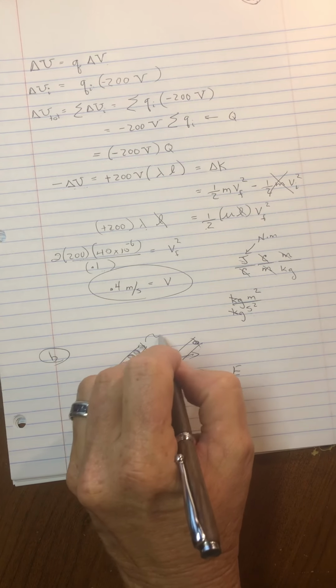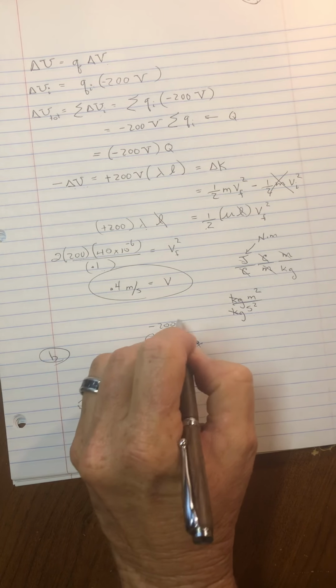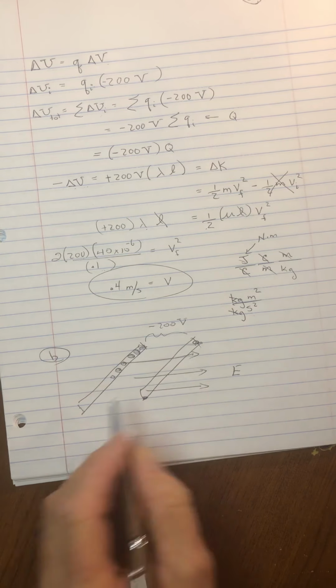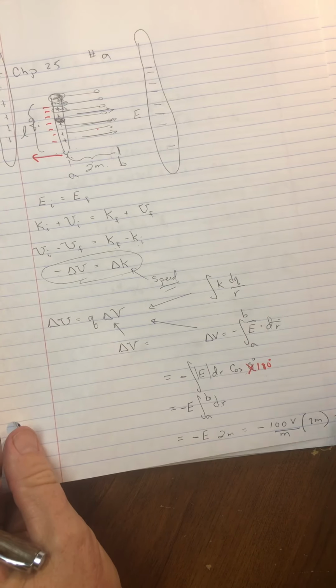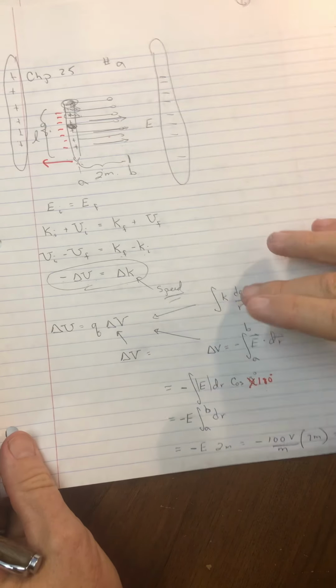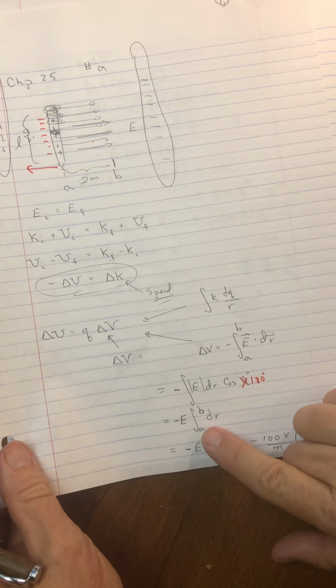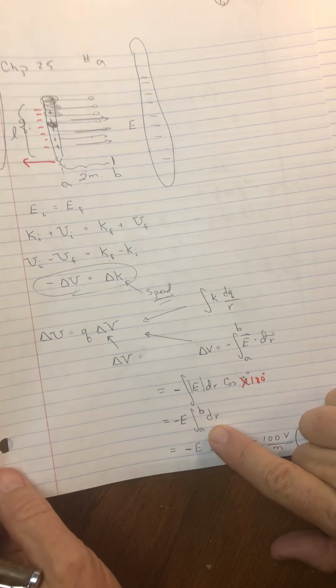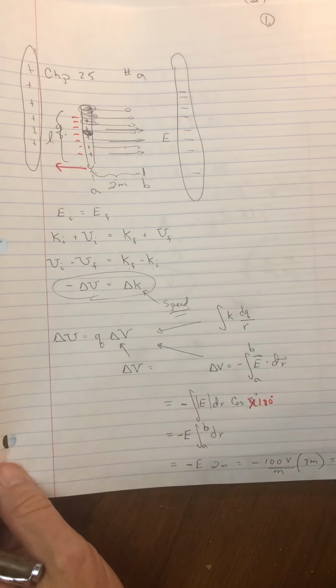And this little piece would then have a change in potential of negative 200 volts. It would move 2 meters. Now, this would also move 2 meters, and so that would be, again, a negative 200 volts. Even though they're not at the same spot, that was this whole idea of doing this integral there: it's still going to be a distance of 2 meters. And this integral says as long as it moves 2 meters, it doesn't matter if it's from 0 to 2 or 1 to 3 or 2 to 4 or 3 to 5.